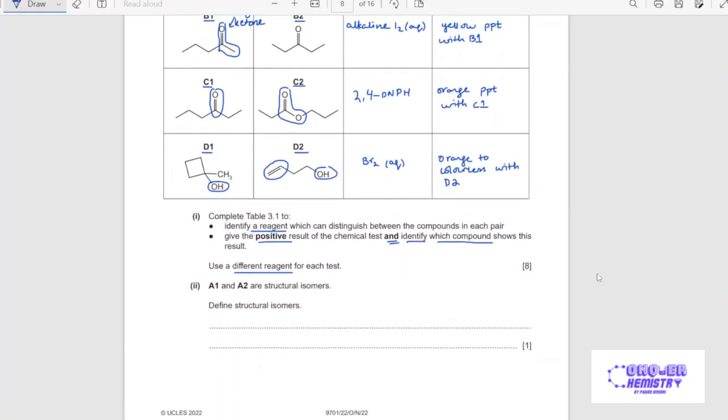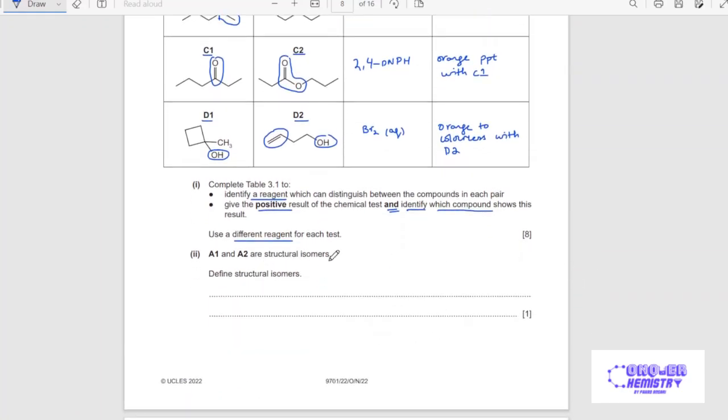Now it says over here that A1 and A2 are structural isomers. So define structural isomers, okay? All right. So we know that isomers have the same molecular formula, but because these are structural, so I'm going to say but different structural formulae.